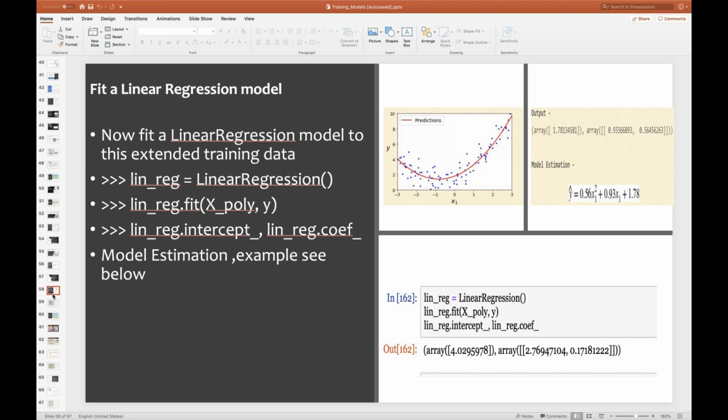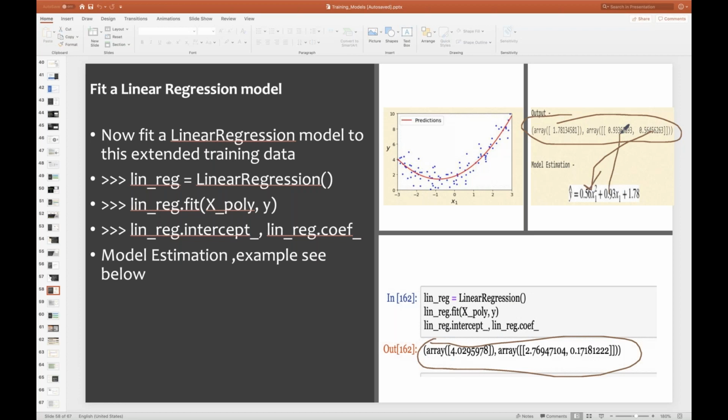Look at the model estimations. For example, if I have got an output like this, my output here is this one. But the way model estimation works is y equals a x square plus b x plus c.